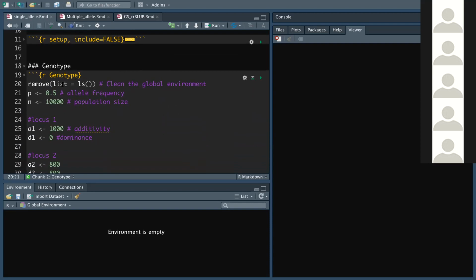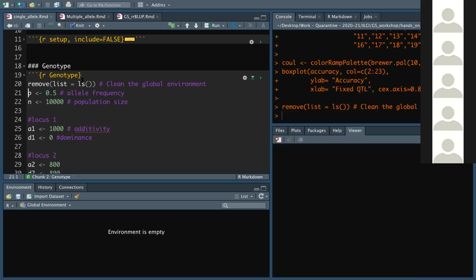I tried to put comments on the command lines that I thought were relevant. The first thing that we are going to do here is remove everything from the global environment. R has a global environment where we store all the information that we produce in our code.